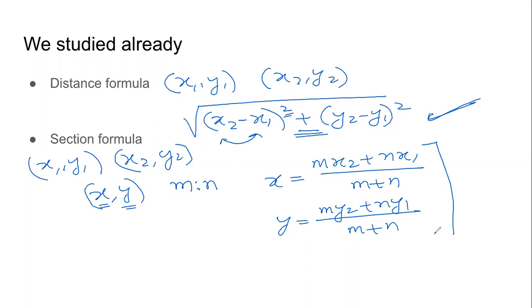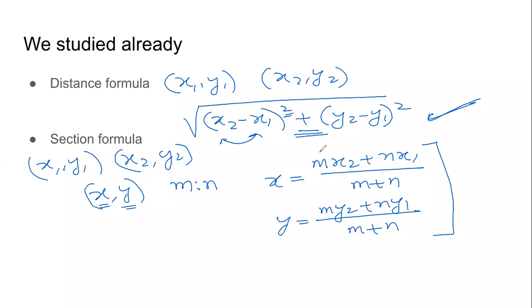The reason I'm telling you this once again is, first of all, to remind you what we have studied, and second of all, to impress upon you that although the order of the arguments doesn't matter in the distance formula, the order of the arguments, or the matching of the arguments, does matter in section formula. Some of you are getting this wrong.